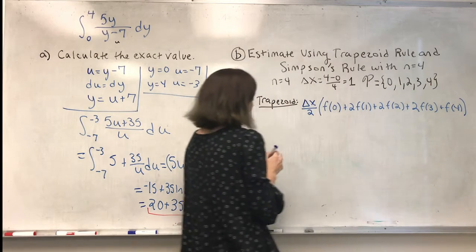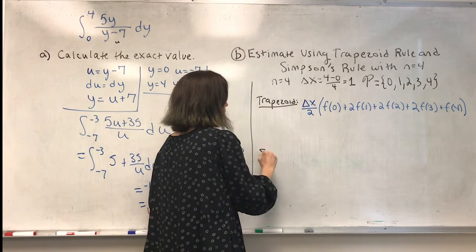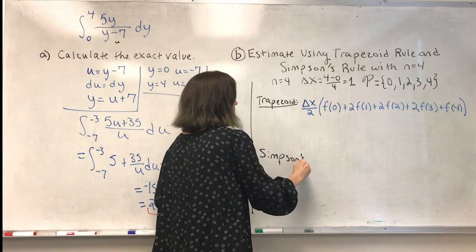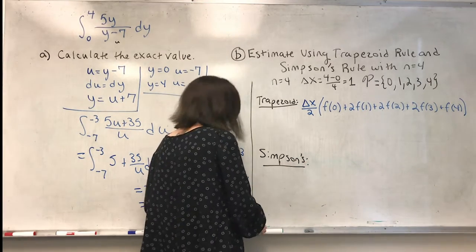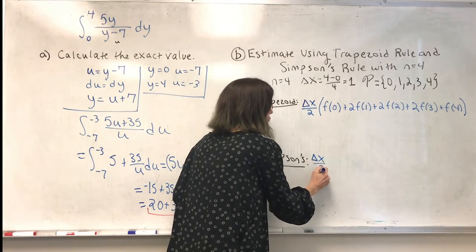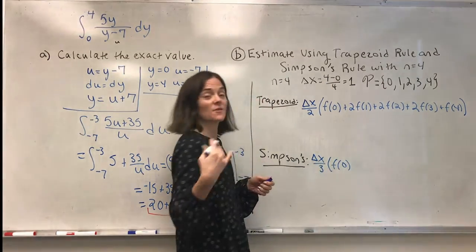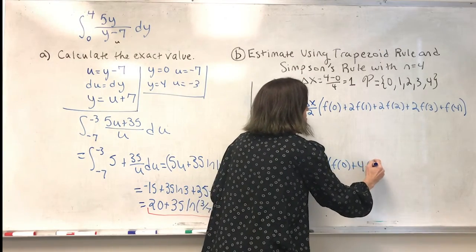Okay? The other one we will use is Simpson's rule. It looks very similar. The only difference is we have delta x over 3. We start off with coefficient 1, and then we alternate with 4's and 2's.